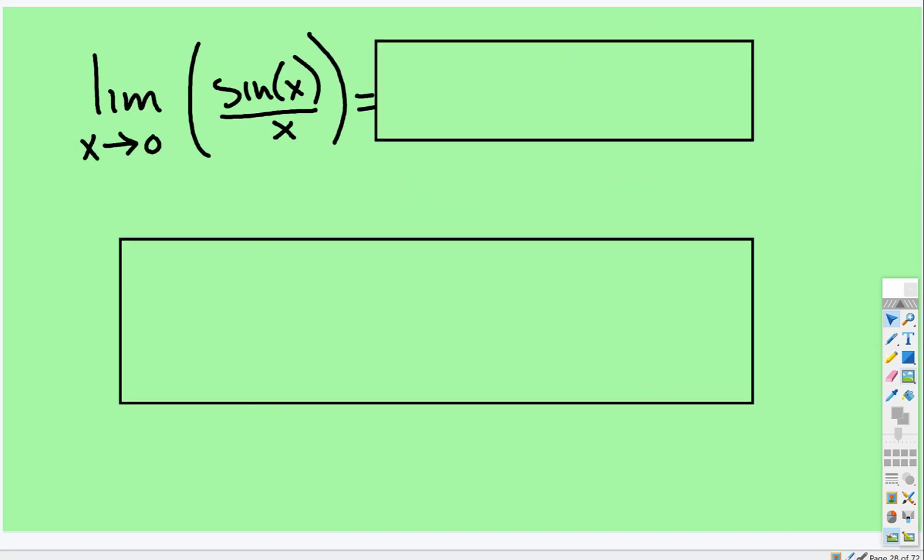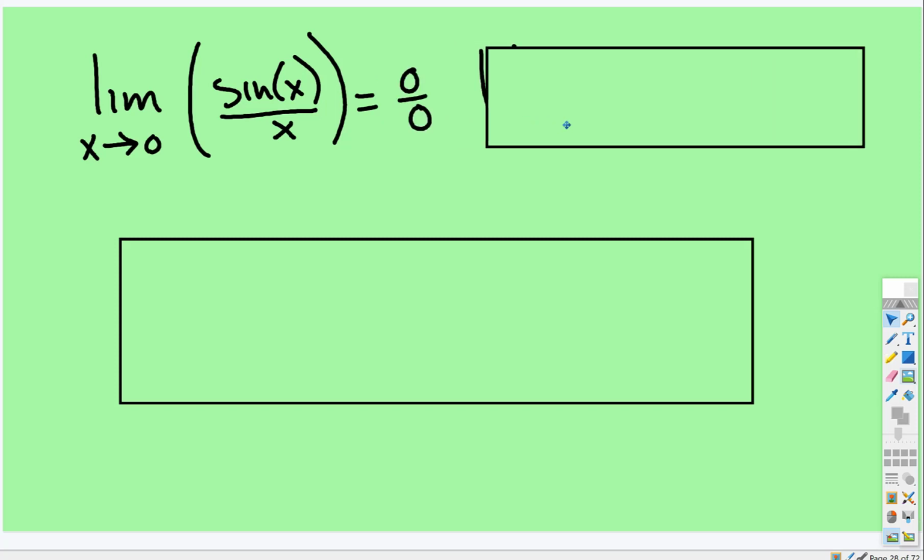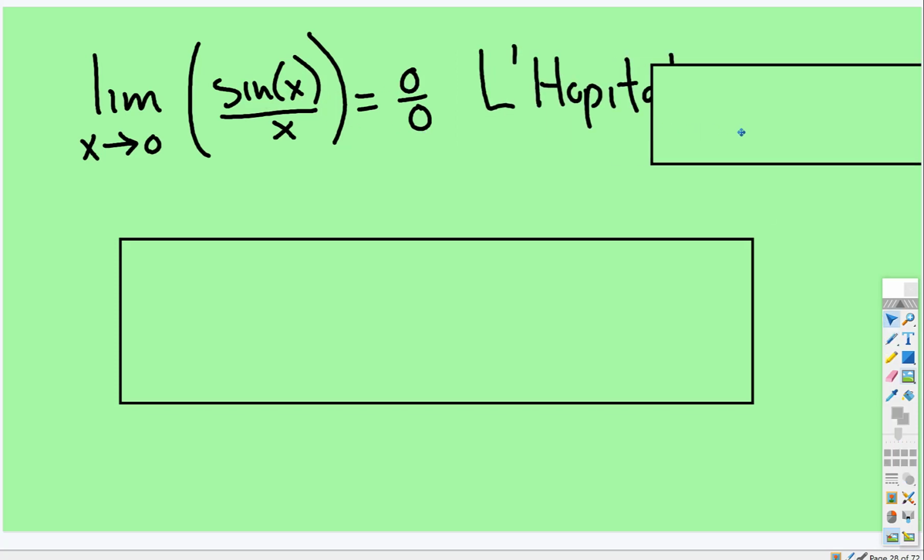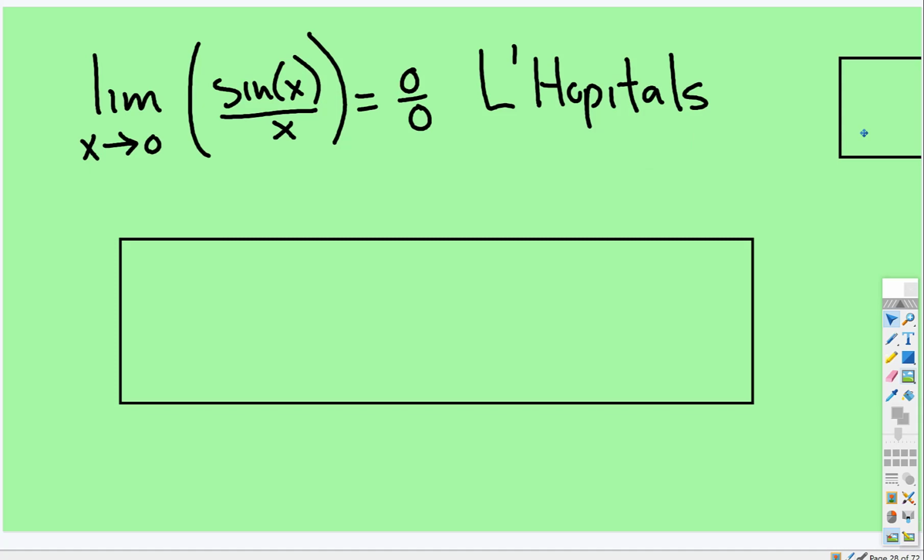Okay, so I'm going to show you L'Hopital's rule. So when you do direct substitution, when you put 0 in for x, you get 0. Sine of 0 is equal to 0. So you would use L'Hopital's rule. Remember, L'Hopital's rule is introduced after you've already studied derivatives. So if you haven't studied derivatives yet, this is not going to make sense.